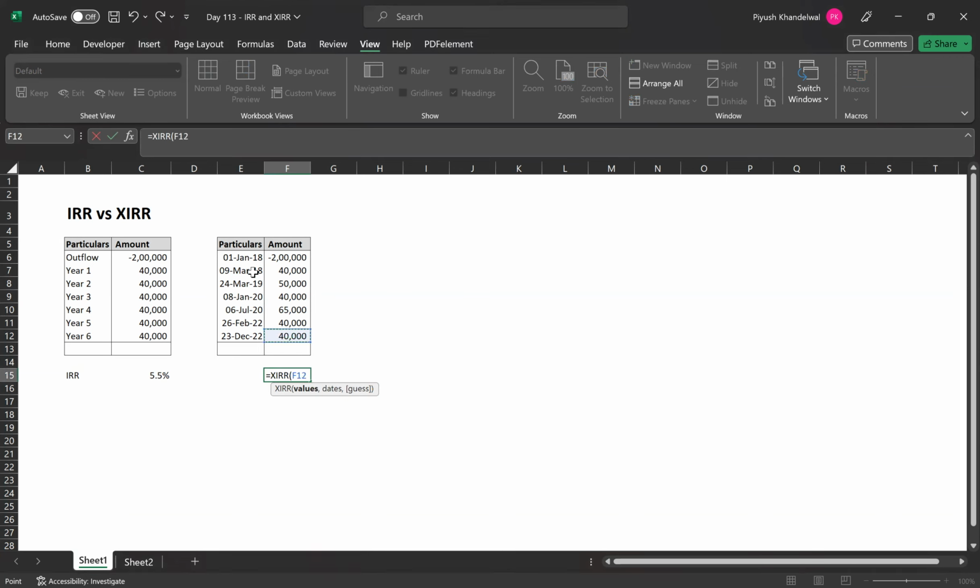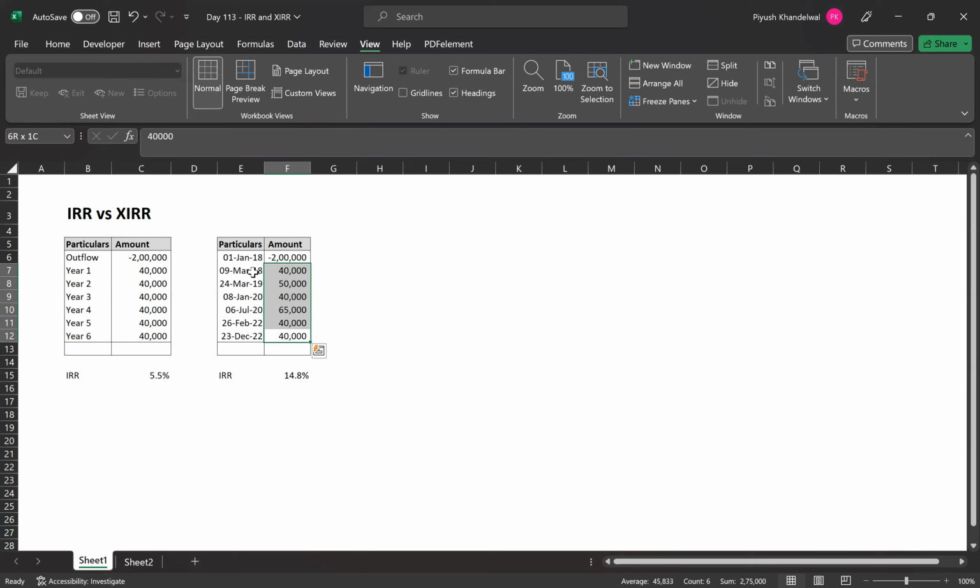One, the values which you are getting, and second is the dates which you are getting, right? And you close the bracket and it will give you the IRR for this type of cash flow, which is in different time periods which you are getting, right?